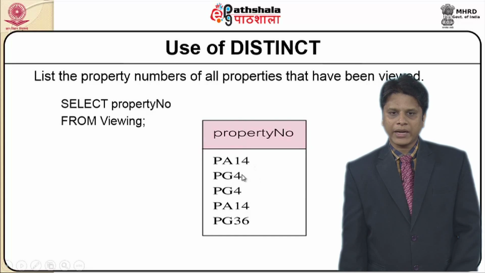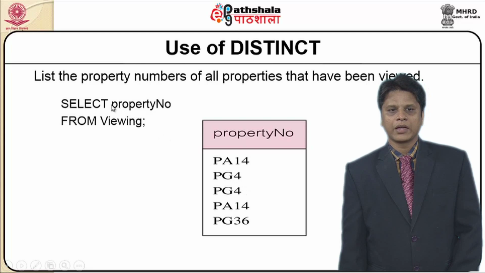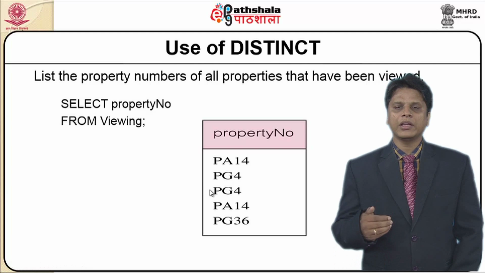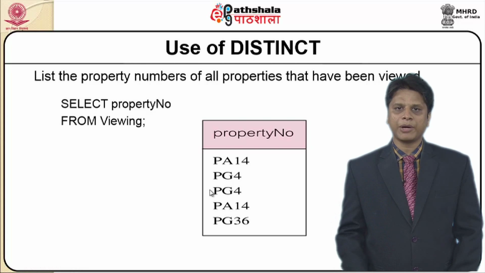But if you look at these values, there are some redundancies in this single column with all rows. Although I have listed all the property numbers that have been viewed, one value is repeated twice, and the other value, PG4, is also repeated twice. So there is no need for these records, PA14 and PG4, to be repeated twice in my table.